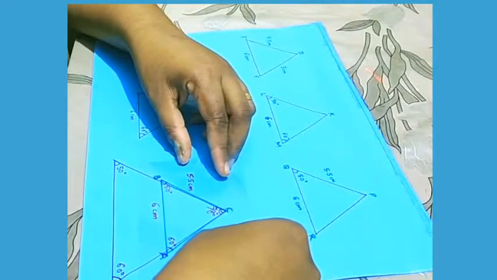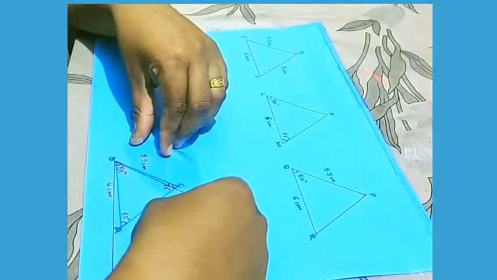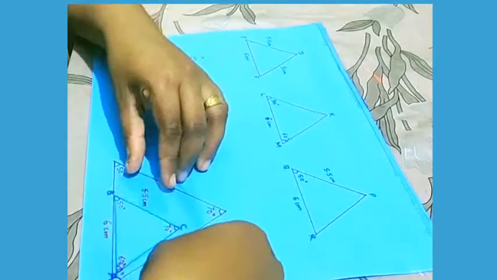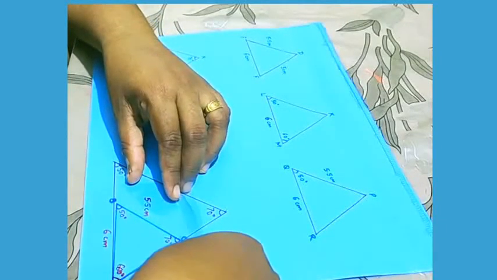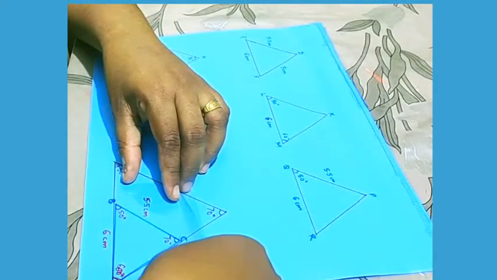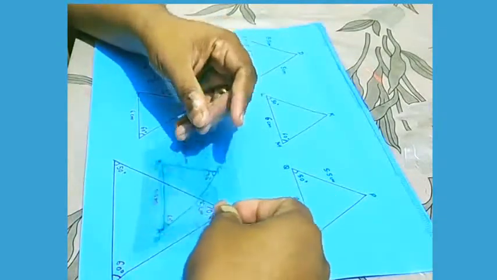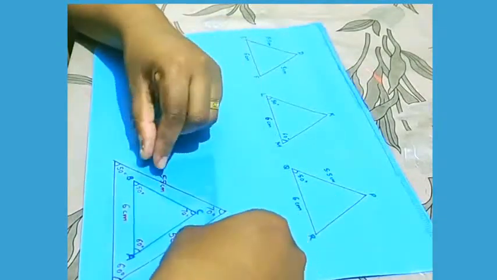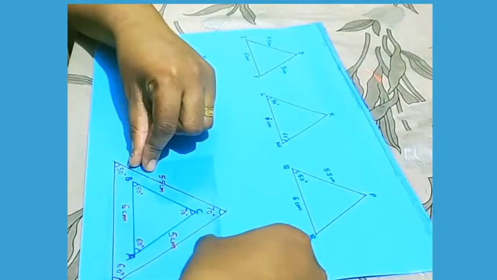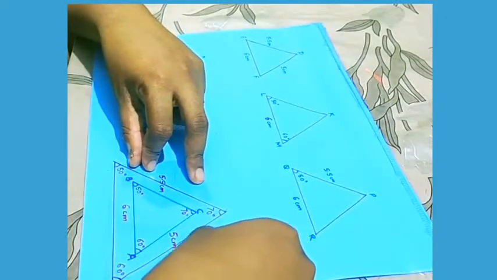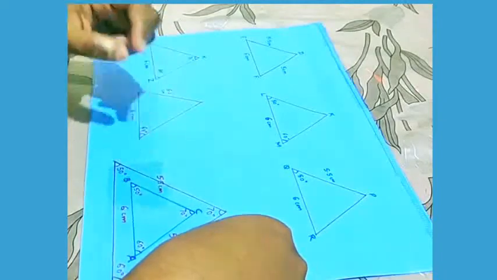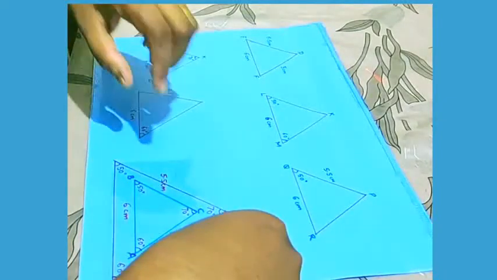See, this is 70 degrees, this is 50, and this is 60. Even if all the angles are the same, the triangles are not equal, therefore the AAA test does not work for congruence, but it works for similarity, which you'll study in your later years in higher grades. So that is your activity for now.